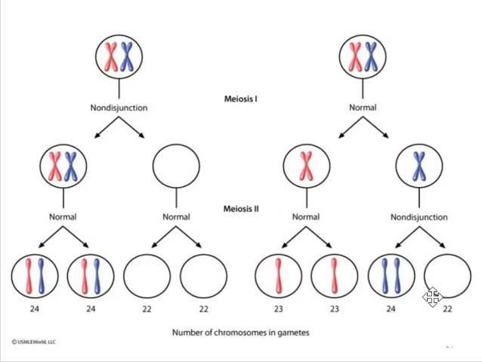They can happen in meiosis 1 or they can happen in meiosis 2. A nondisjunction happening in meiosis 1 is shown on the left-hand side of this figure. A nondisjunction in meiosis 2 is shown on the right-hand side of this figure. So both of these depict the possible gametes due to a nondisjunction event in either meiosis 1 or meiosis 2.